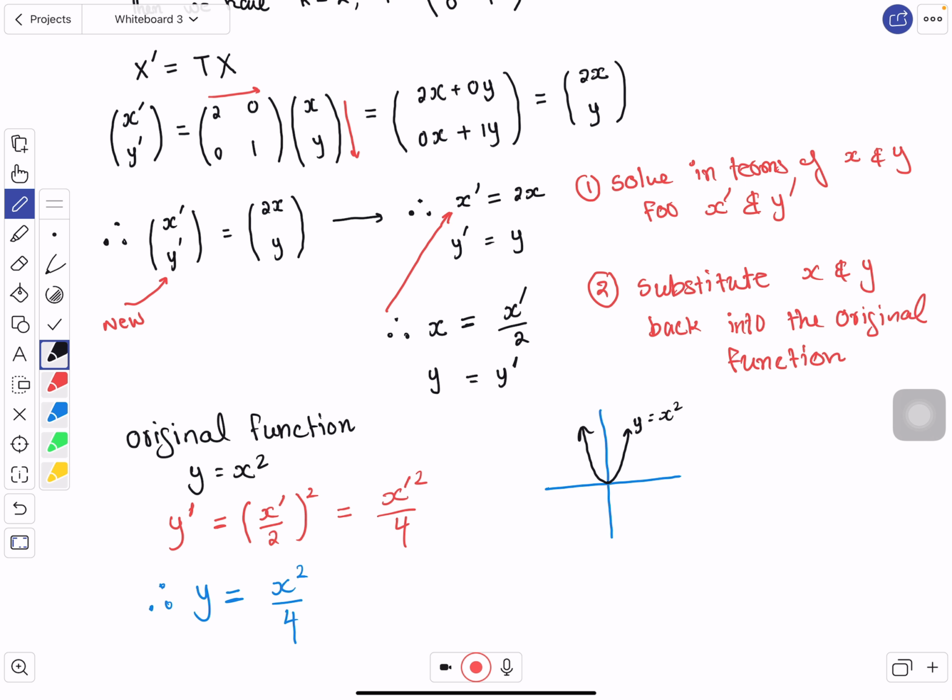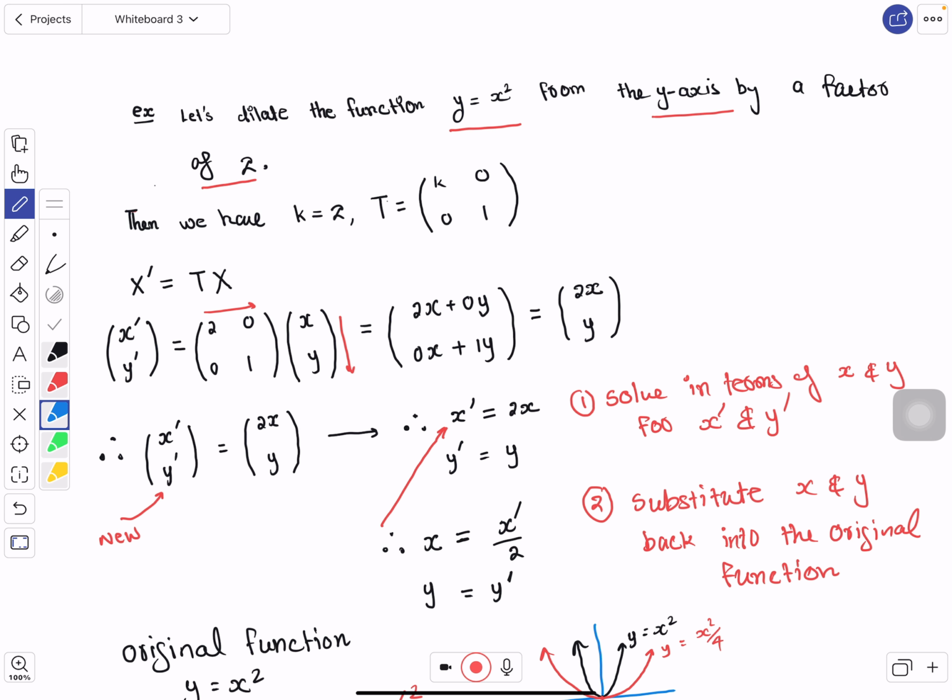And then the new function gives us y equals x squared over 4, so it will dilate this one. This is y equal x squared over 4. So we're moving it away by a factor of 2.